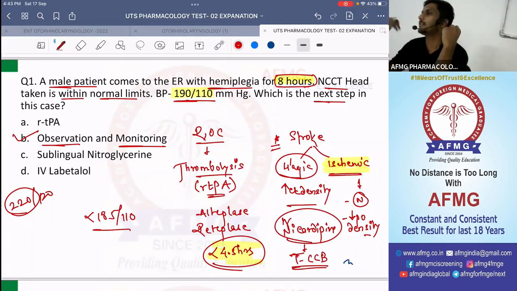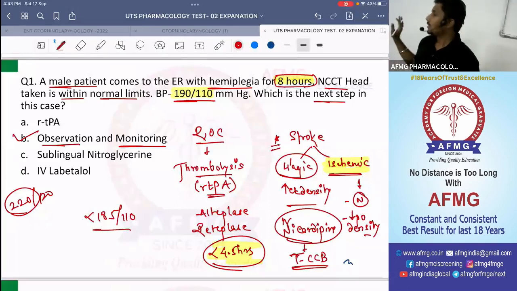Okay, and Nicardipine is usually cerebroselective. That means it only acts on these T calcium channels which are located inside the CNS, and therefore Nicardipine is mainly limited for use only in cases of hemorrhagic stroke. Otherwise, Nicardipine ज़्यादा तुम बाहर नहीं देखते हो. You usually use it in cases of intracerebral hemorrhage. No issues with this, anybody? That is the thing. Got it?